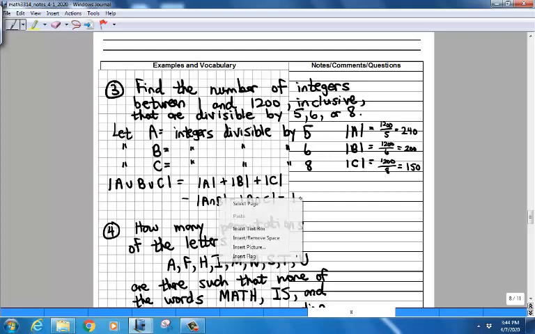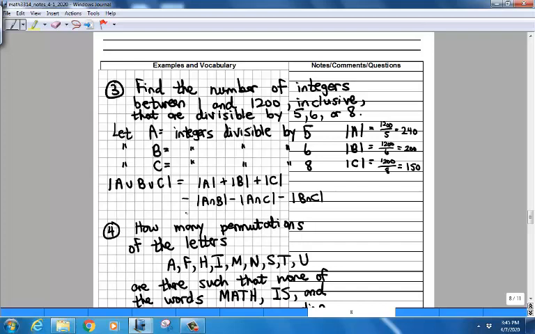There are three possible pairs of sets here, A and B, A and C, and B and C. And so I compute the cardinalities of the intersections of those pairs. All right, let's see if we can figure out what those are.